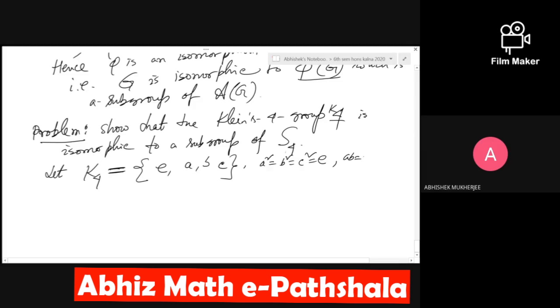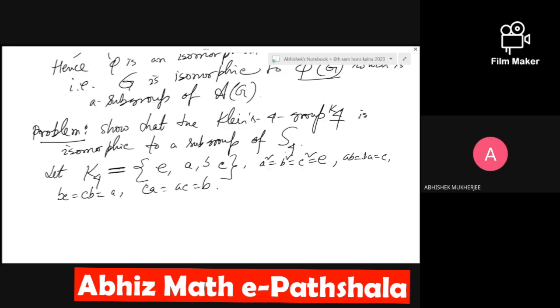This is a commutative group, and ca equal to ac equal to b. This is the Klein's group.